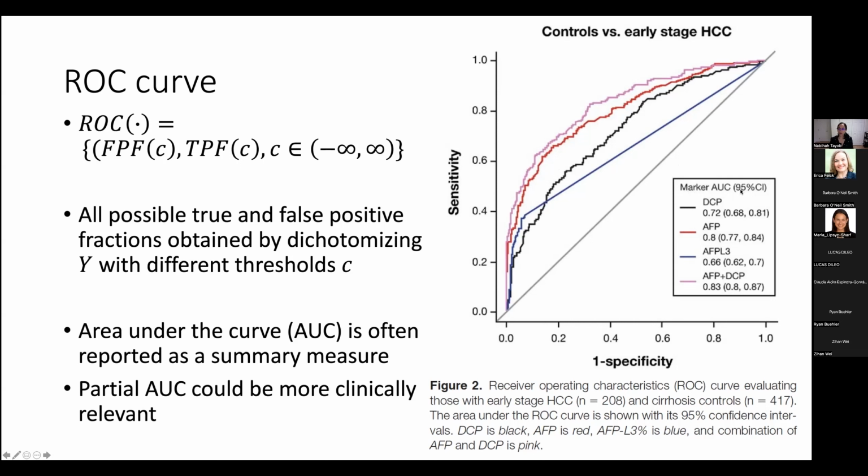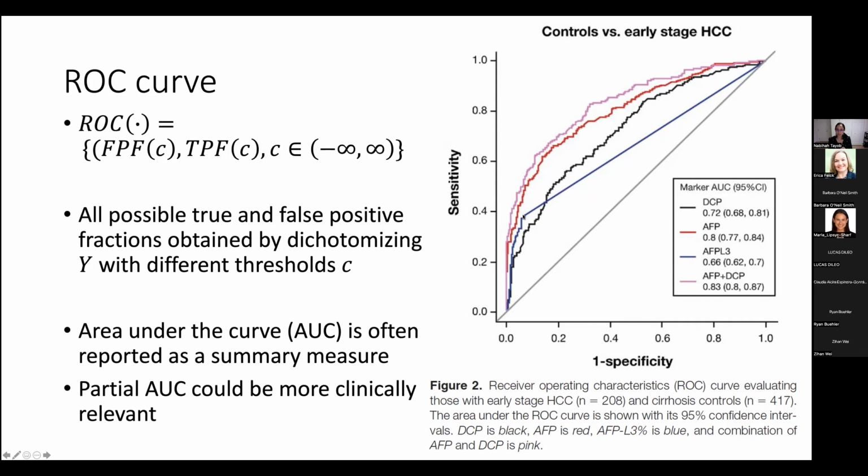Here they're comparing a couple of biomarkers, DCP, AFP, AFPL3, and a way of summarizing what you're seeing in this entire ROC curve to compare these biomarkers is to look at the area under the curve. And we'll get into why just now. But essentially that's one summary measure. A partial area under the curve might actually be more useful, and we'll get into that a little bit more.